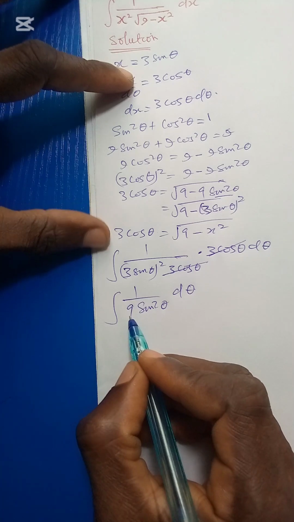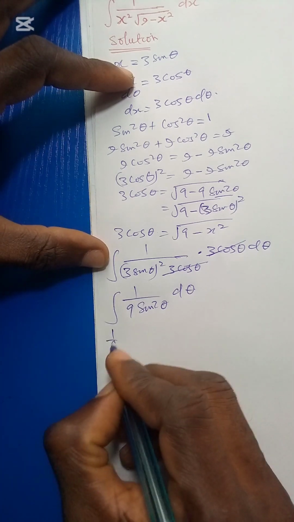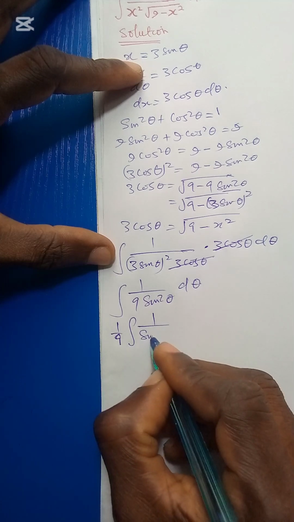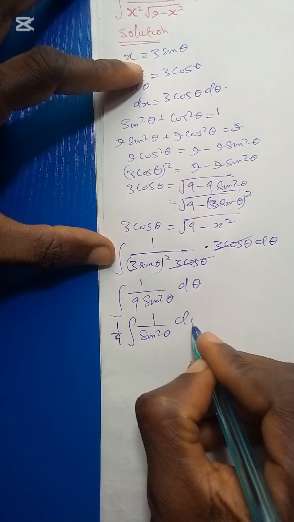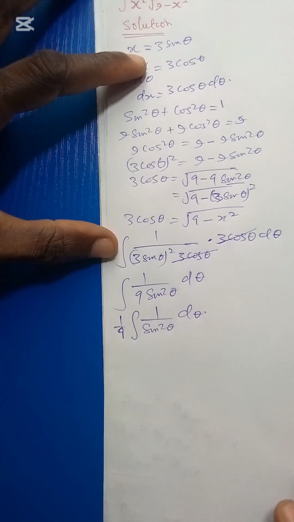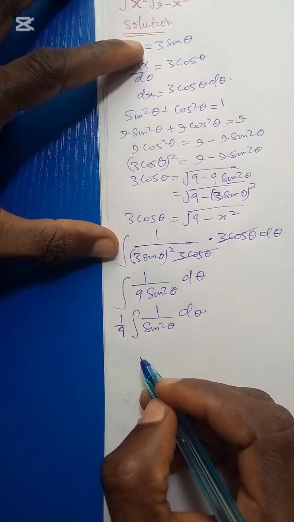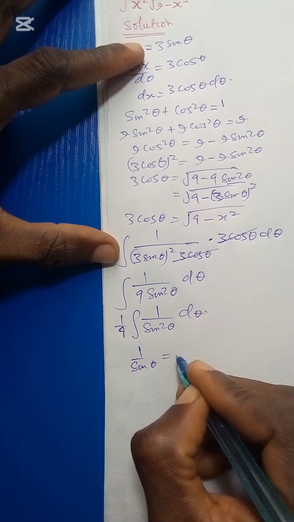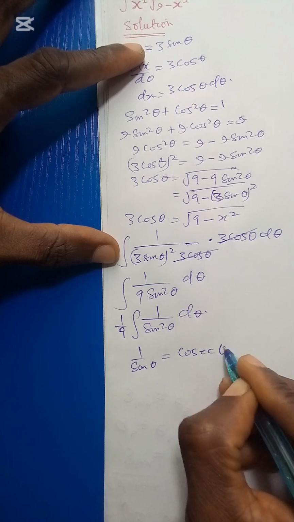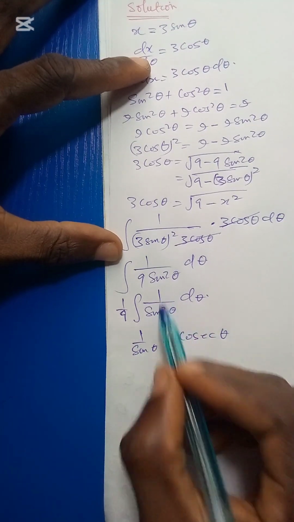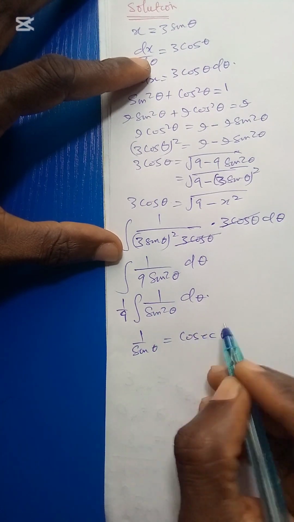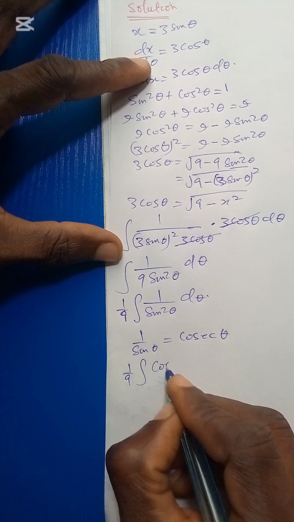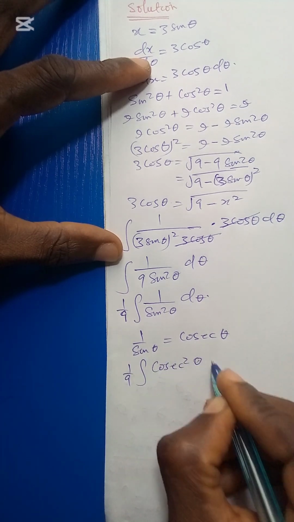Now because 1 over 9 is a constant, I can bring it out. 1 over 9 integral 1 over sine square theta d theta. So this looks simple. Again, in trig identity, we have 1 over sine theta as cosec theta. So instead of writing 1 over sine square theta, I'll write cosec square theta. That becomes 1 over 9 integral cosec square theta d theta.